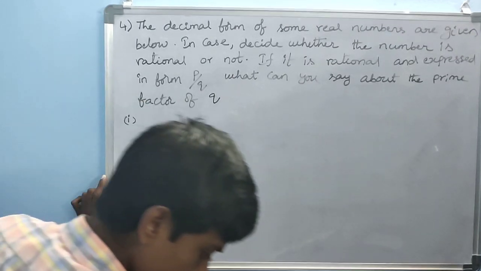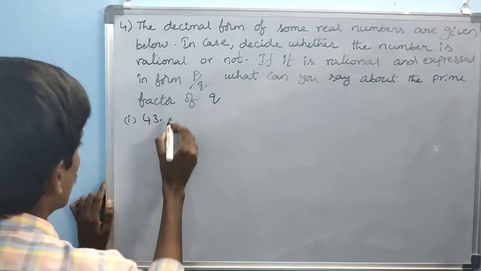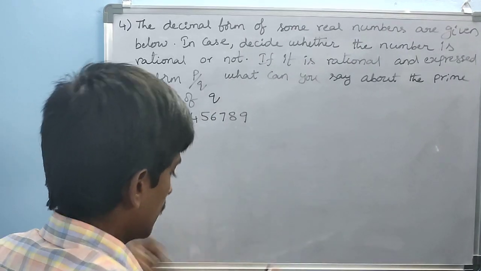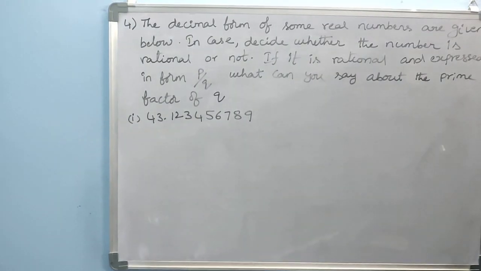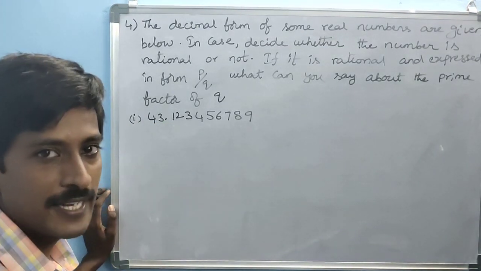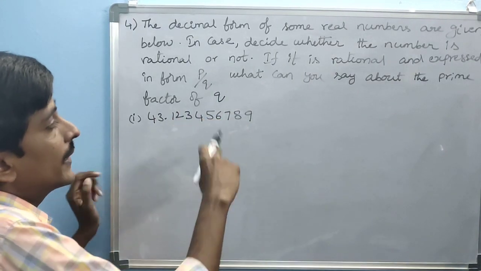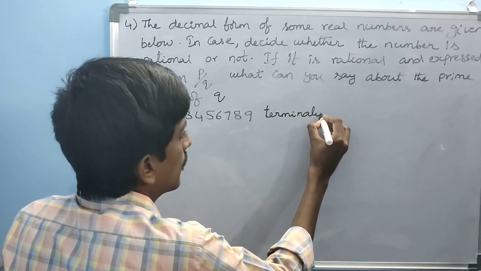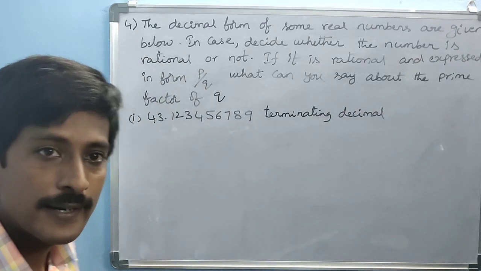First one, 43.123456789. It is ending after some digits, so it is a terminating decimal.